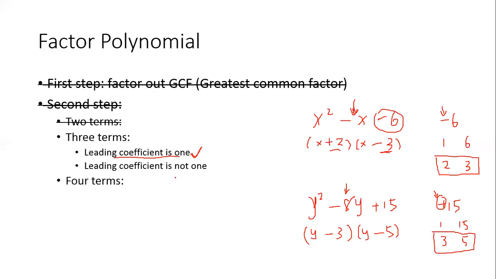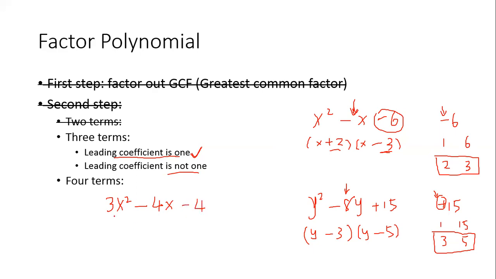Now, for the leading coefficient not equal to 1, let's see this kind of case. There's some number in front of the x squared, for example 3x squared minus 4x minus 4.